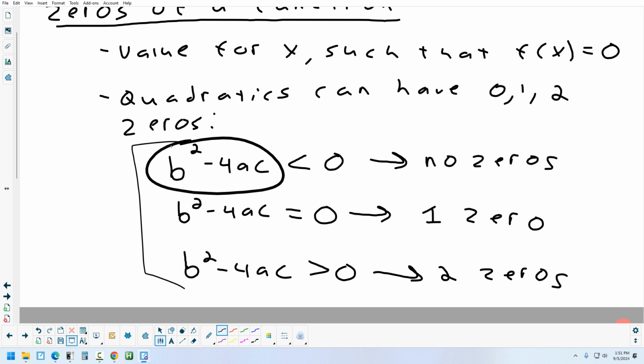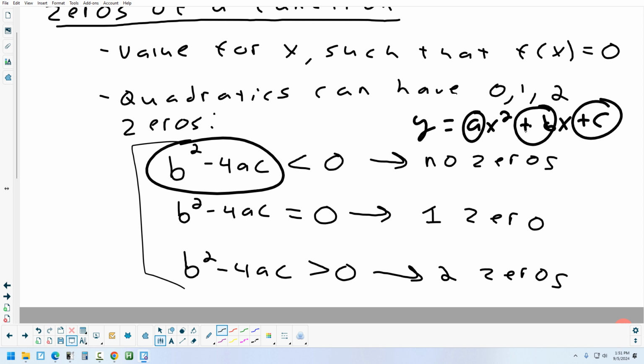Depending on what that comes out to. Okay, so you take that number. If that comes out less than 0, then your graph will never cross the x-axis. If it comes out to exactly 0, your graph will cross once. So it doesn't even really cross it.